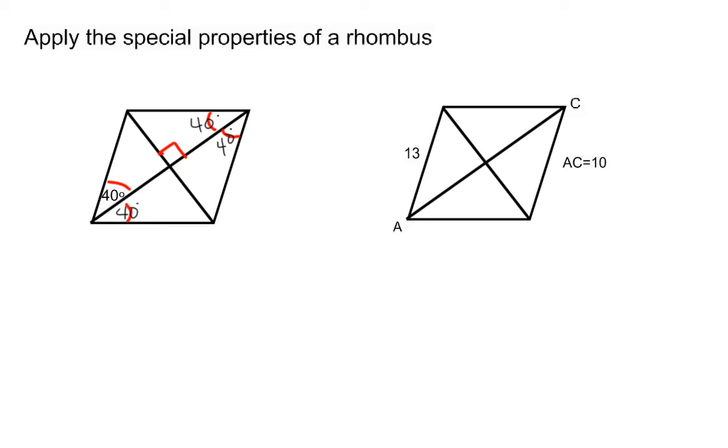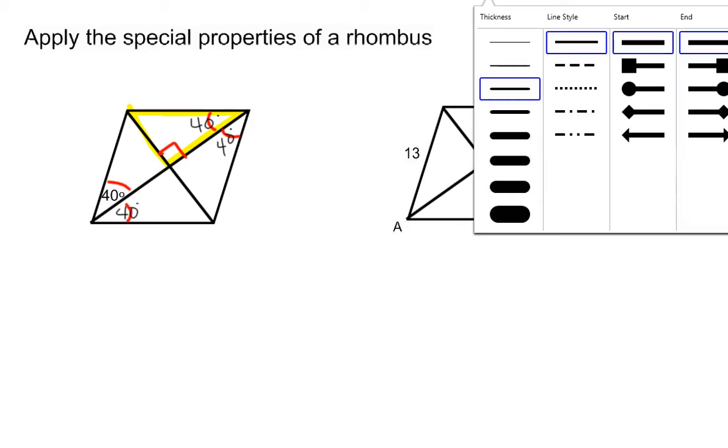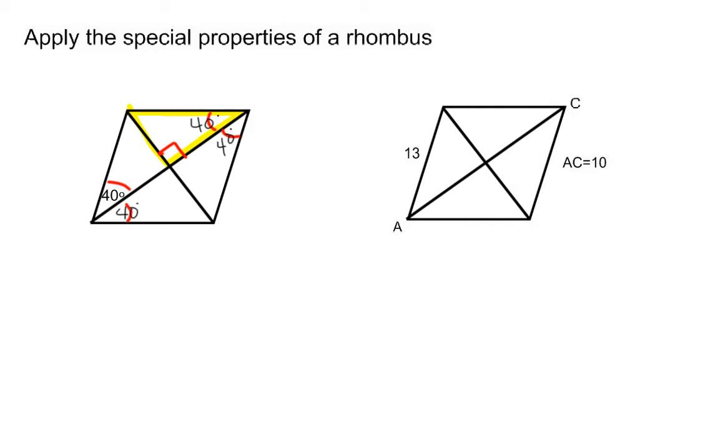Well, how can I find the other pair of opposite angles? Well, think about that as a right triangle. What do the interior angles of a triangle add to? 180 degrees. Which means if this is 40 and this is 90, then this one has to be 50 because they all have to add to get 180. Well, I know all of those are the same, so these are all 50 also.